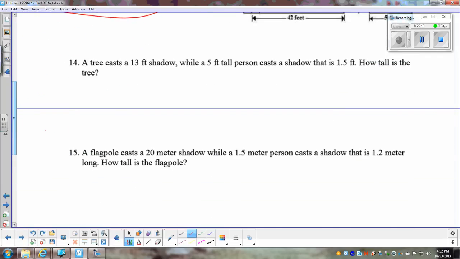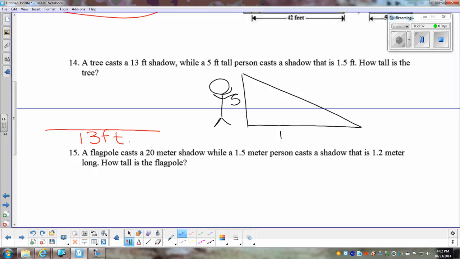All right, so tree casts a 13-foot shadow, while a 5-foot tall person casts a shadow that is 1.5 feet long. And here's my tree. I want to figure out what is the height of the tree.